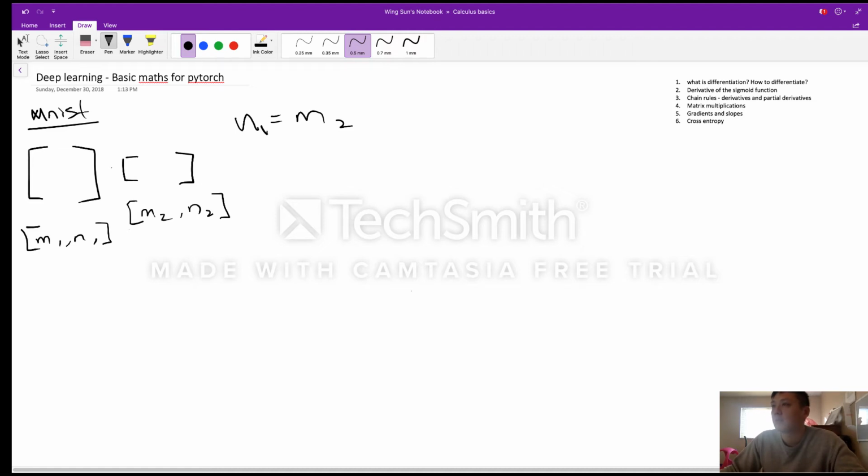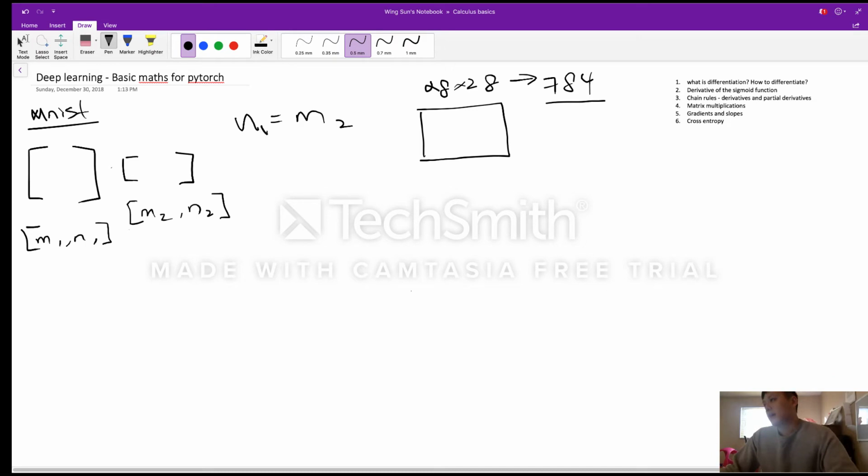One sample has 28 by 28 pixels, which equals 784 pixels. How a computer sees an image is basically as a matrix.